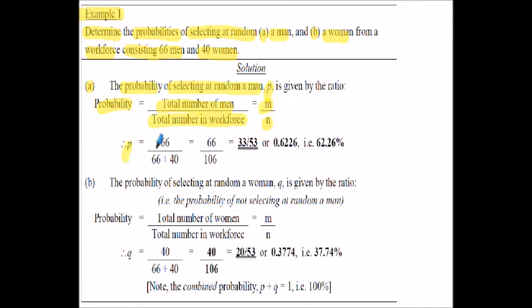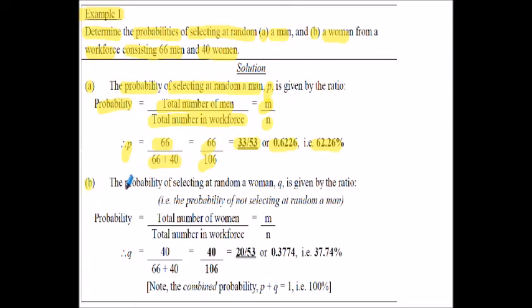So P is equal to 66, the total number of men in the workforce, over the total workforce, which is 66 plus 40 for the men and women. That is equal to 66 over 106, and cancelling down, that gives us a probability of 33 upon 53 as a proper fraction. As a decimal fraction, that's 0.6226, 4 decimal places, and as a percentage, that's 62.26%.